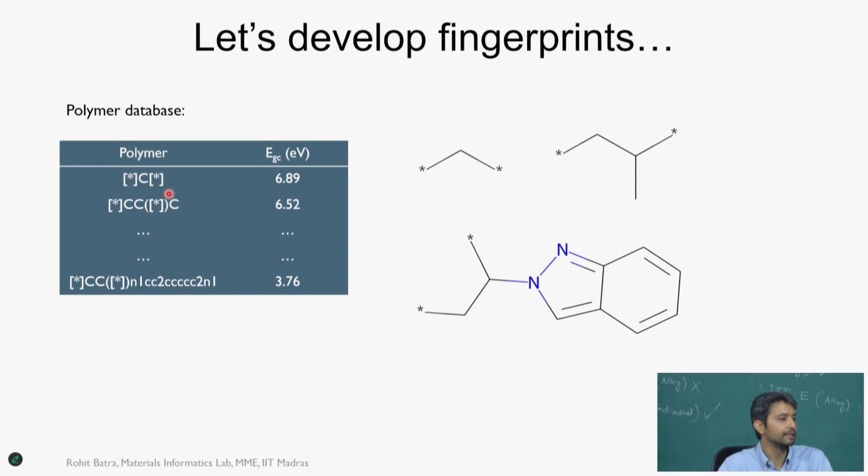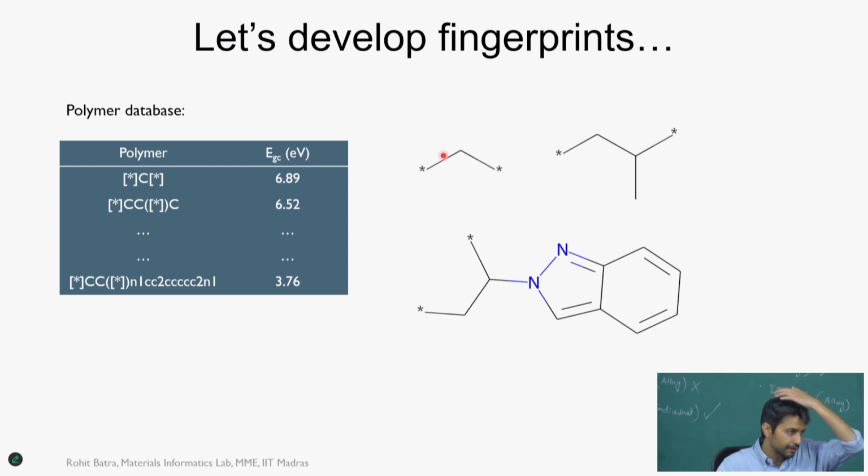This is how a polymer database may look. In polymers, you can represent them using something called SMILES. SMILES is nothing but a textual way of representing polymers, or even monomers or molecules. For example, this is my first polymer, and this is what it represents.